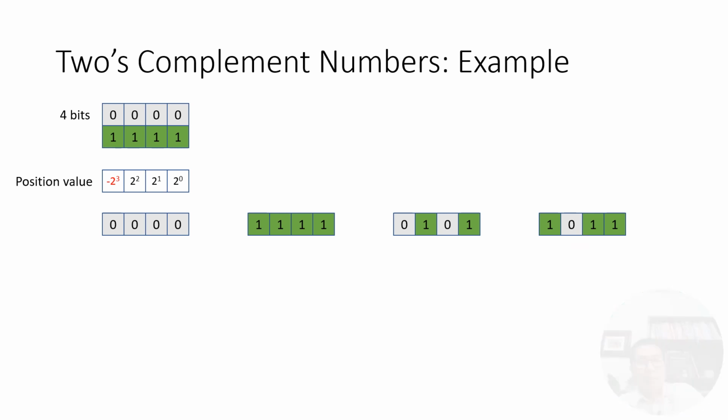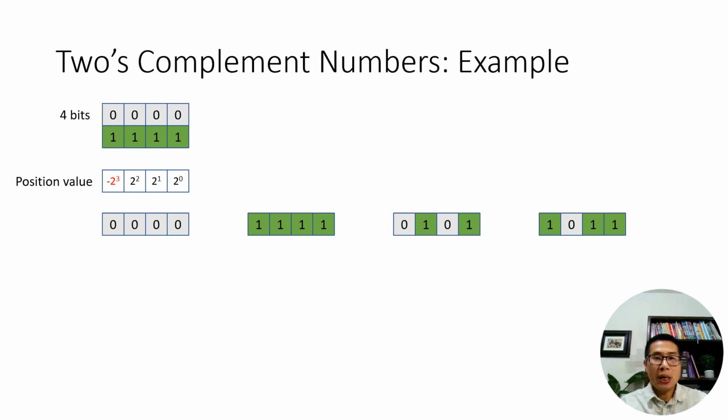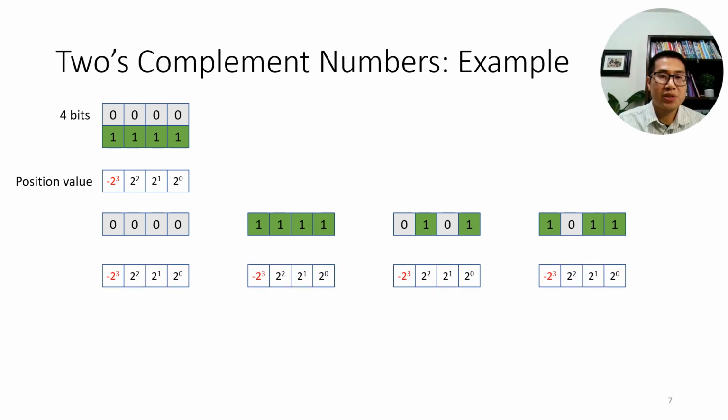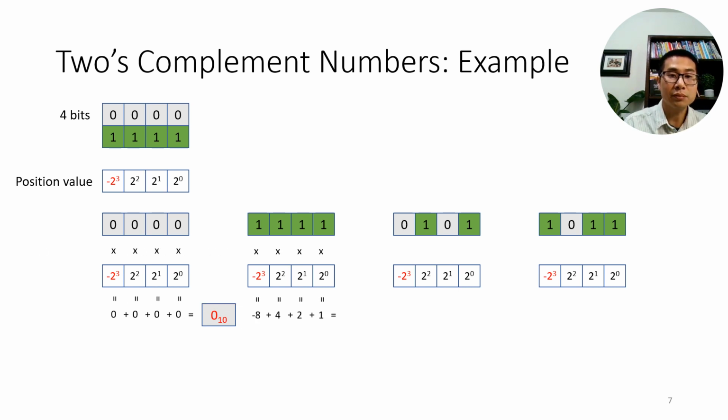If we multiply their face values with their position values to see what they represent in decimal, the first one is going to produce 0 in base 10. The next one is a special one: 1, 1, 1, 1, and we multiply with their positions.